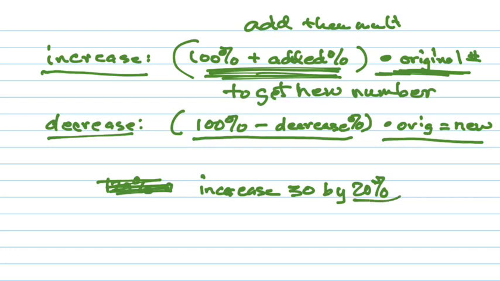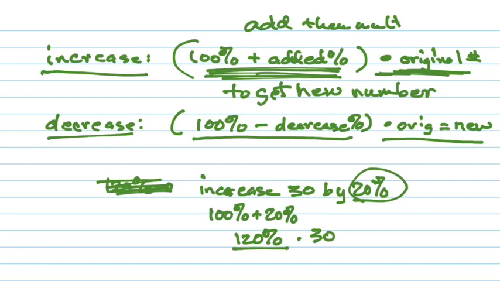So first of all, we'll take the 20% and add what? 100. Right. Which gives us 120%. And times the 30, our original number, right? Can't multiply with that percent. Change it to a decimal. So that's 1.2 times 30, which gives us, somebody with a calculator?